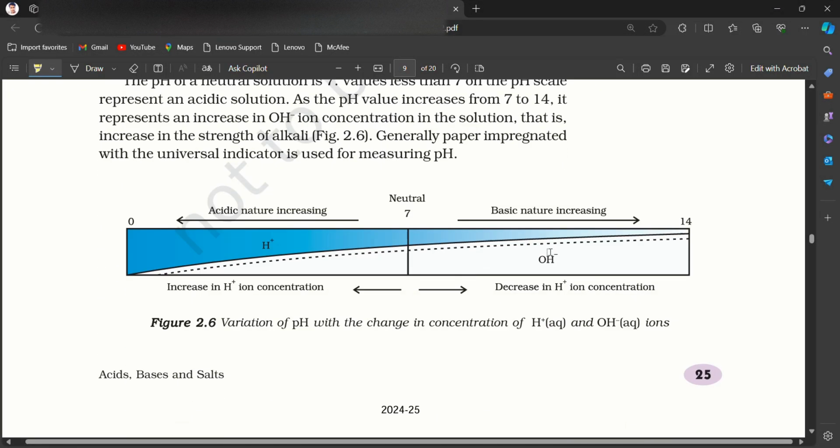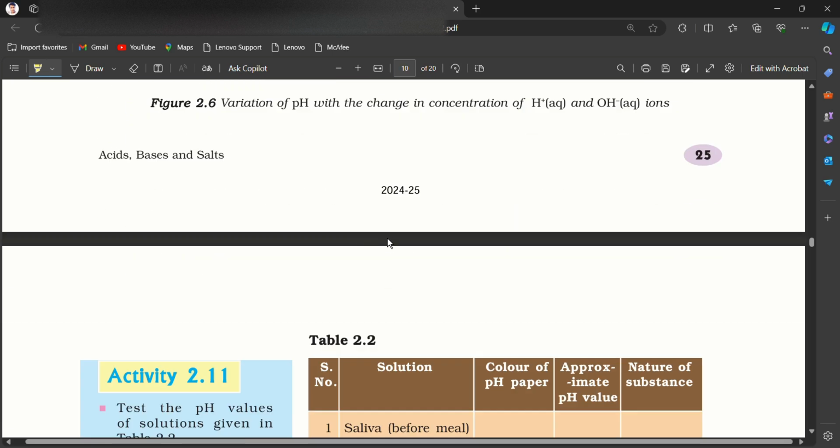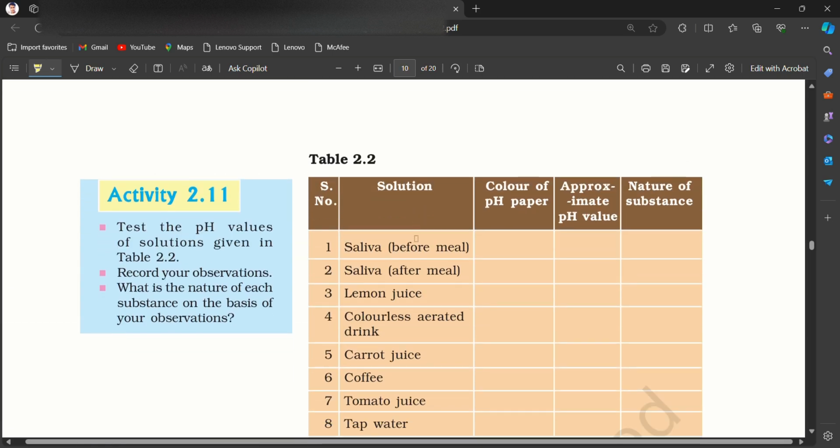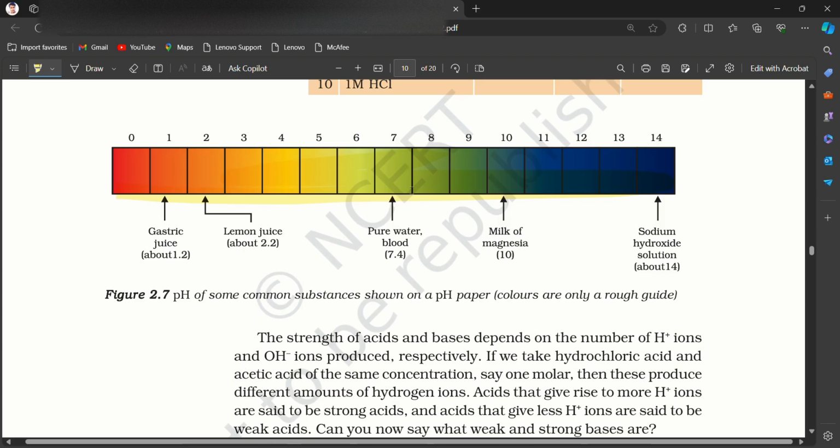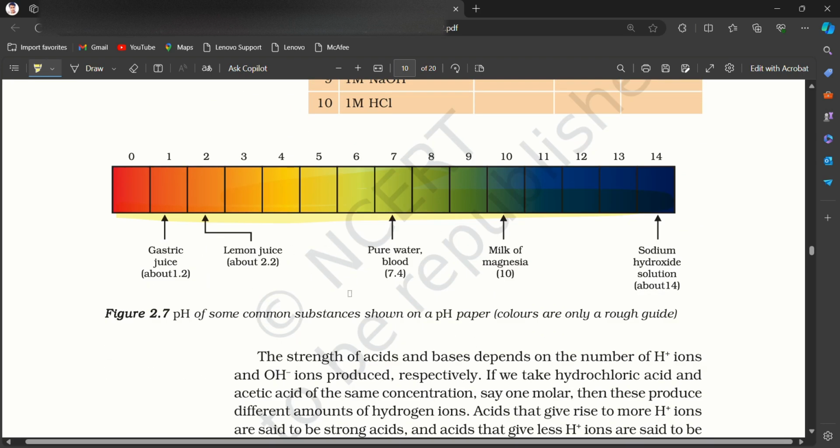How strong are acid and base solutions? That we can see on the pH scale. Here is the pH scale. Zero is the most acidic solution, and it decreases along the graph. Here is your pH scale.